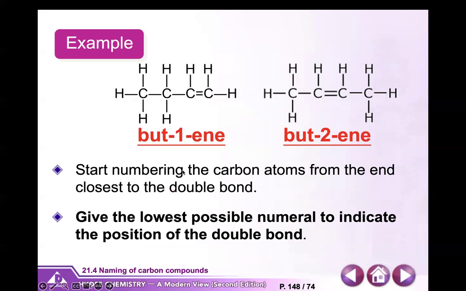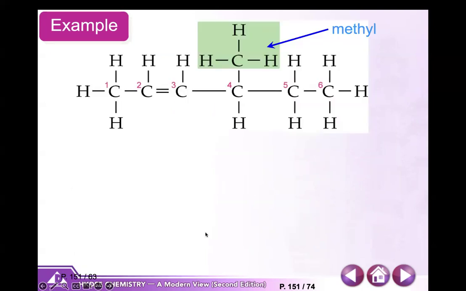We start the numbering of the carbon atoms from the end closest to the double bond. That means we will not count from the left-hand side as 1, 2, 3 and call it but-3-ene. Instead, we start on the other side, on the right-hand side. At 1, we have the carbon-carbon double bond already, so it is but-1-ene instead. So give the lowest possible numeral to indicate the position of the C=C double bond.